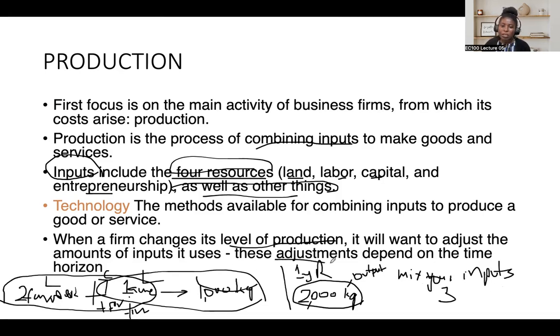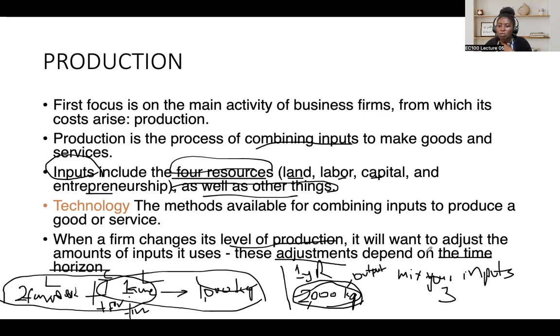These adjustments depend on the time horizon. By time horizon, I mean how quickly do you want to make these changes, or how much time do you have to realize this change? Are we together? I will show you a bit more. If you want to arrive at 2,000 kilograms in 1 year, you might not be able to change everything.